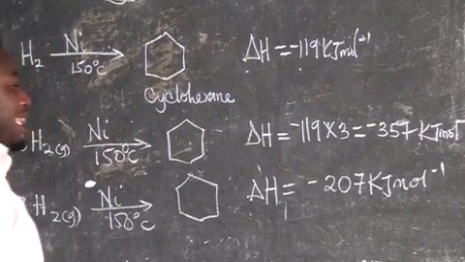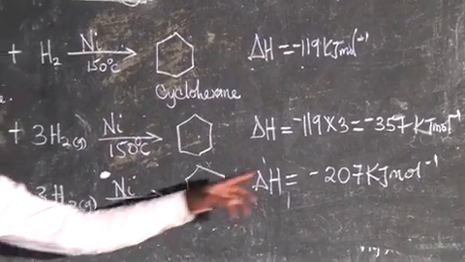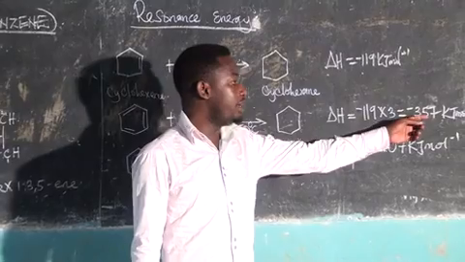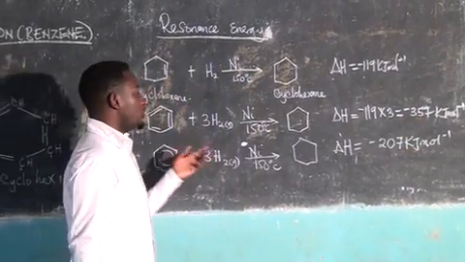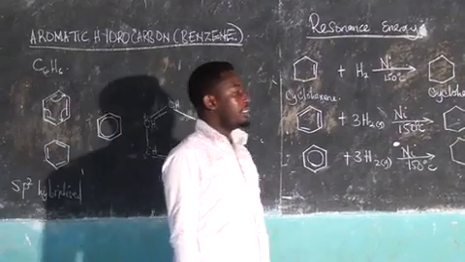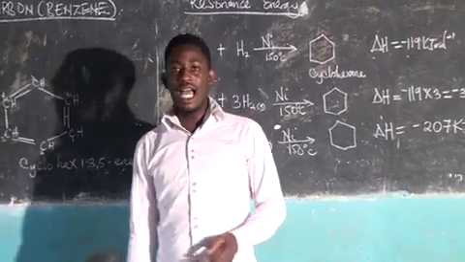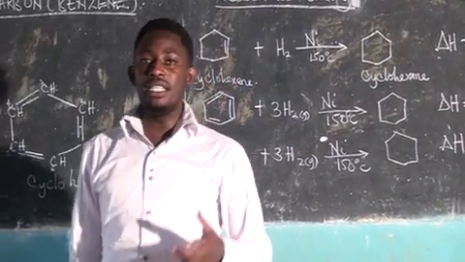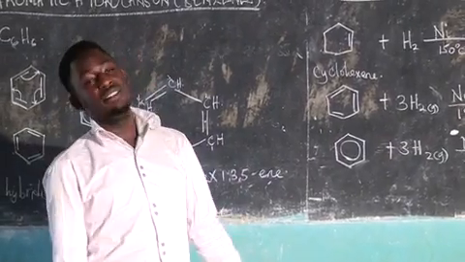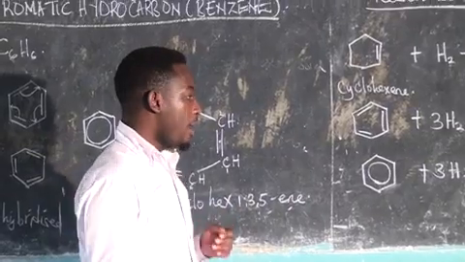That means the enthalpy of hydrogenation of benzene is lower than expected. It is expected to be 357 if we were to consider benzene as a Kekule structure. However, in reality, it is actually minus 207. That means that benzene is actually more stable than the Kekule structure. Why?